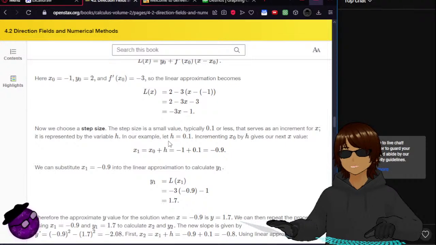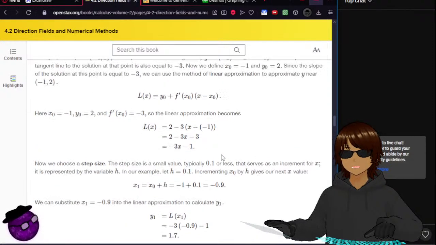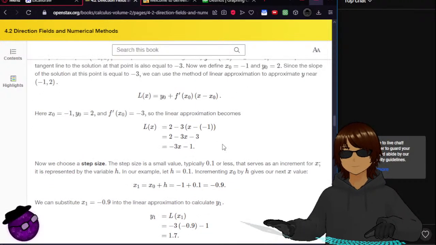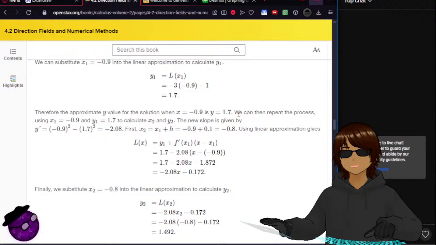In an example, let h equal 0.1. Incrementing x naught by h gives our next x value, so x1 is minus 0.9. We can substitute minus 0.9 into the line approximation to calculate y1. We can then repeat the process to calculate x2 and y2.